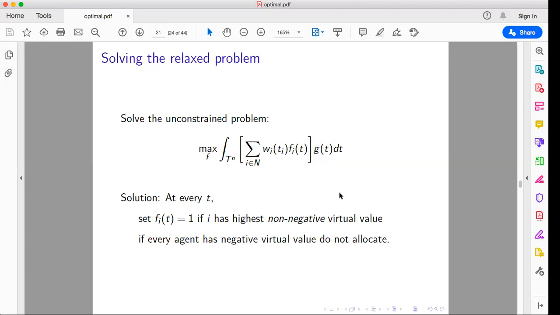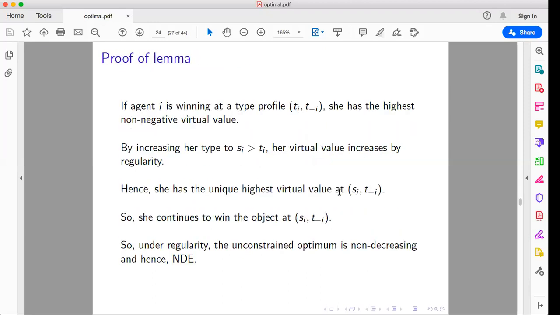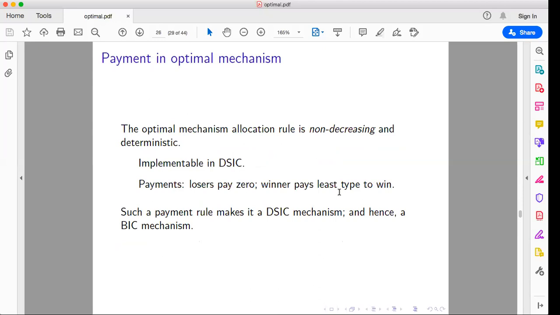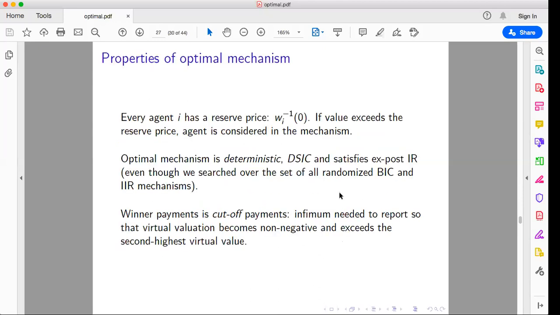But if the agents are asymmetric, it's an auction which chooses the highest virtual valued bidder, which need not be the highest valued bidder. Okay. So that's something to also keep in mind, and we'll come back to this point slightly later.